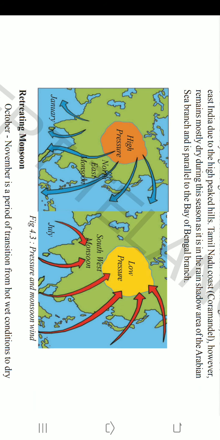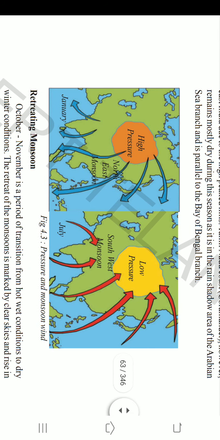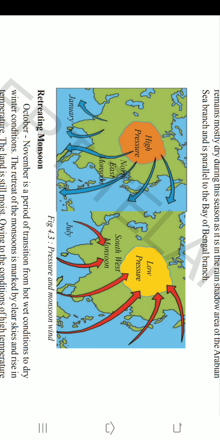By winter, meaning October, November, December, by December sun rays fall vertically on the Tropic of Capricorn, that is south of India. It is below the equator, from the Tropic of Capricorn to the equator, and in between there the sun rays fall vertically.